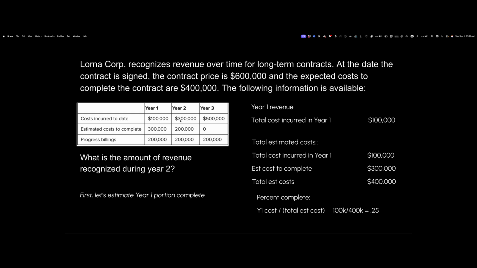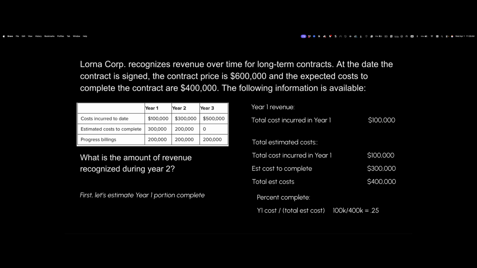But by the end of year two, we saw that we were going to have an overrun in terms of cost. We had a cost so far of $300,000 and an additional estimated cost of $200,000, so a total of $500,000. The billings are really irrelevant to when we record the profit and the revenue. And so for that, we're going to leave the billings off.